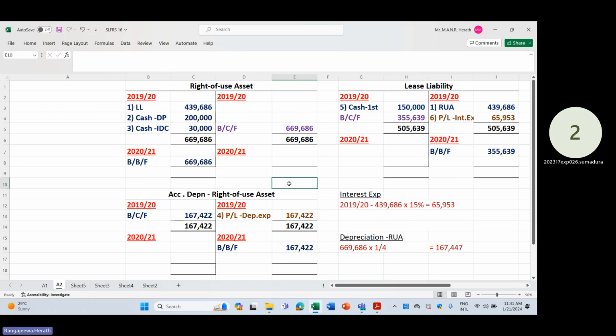Can you work out the second year? Just depreciation, interest, and the installment.